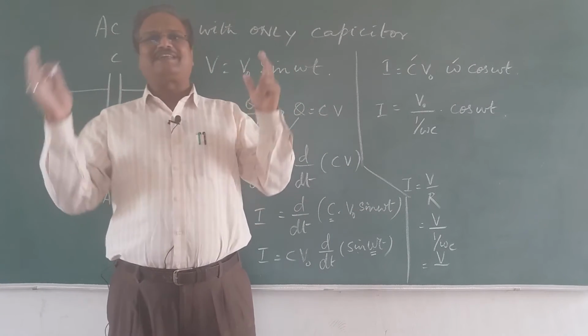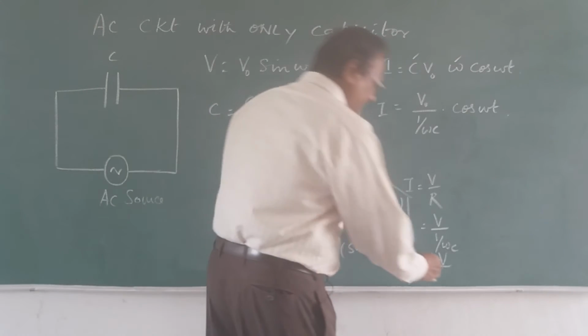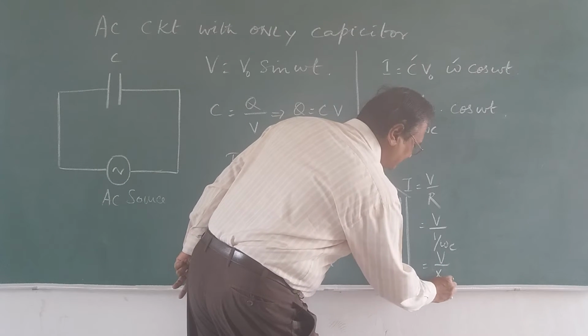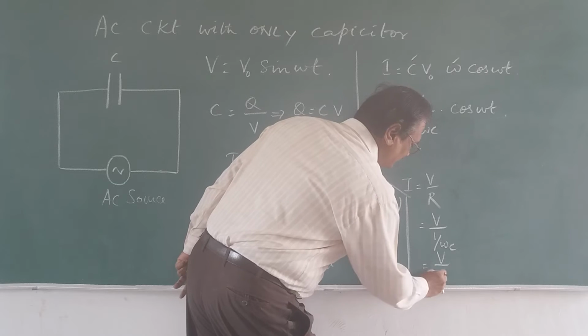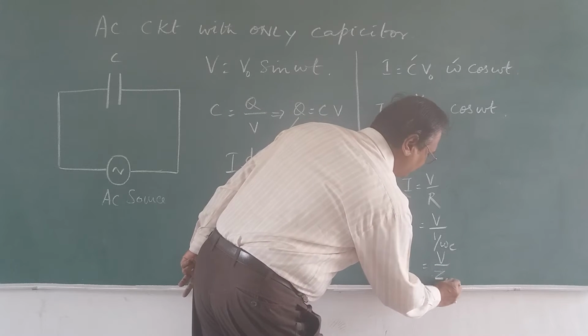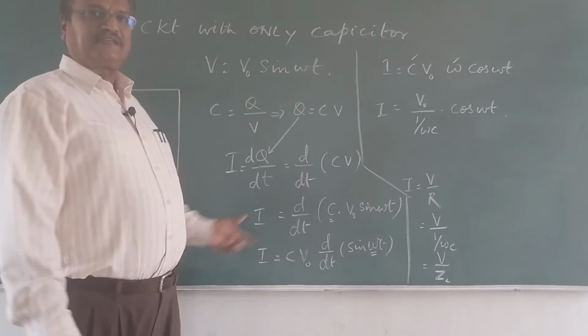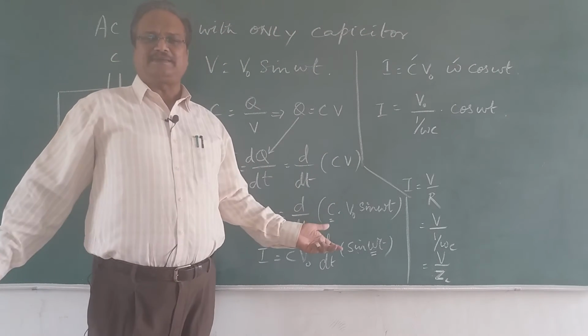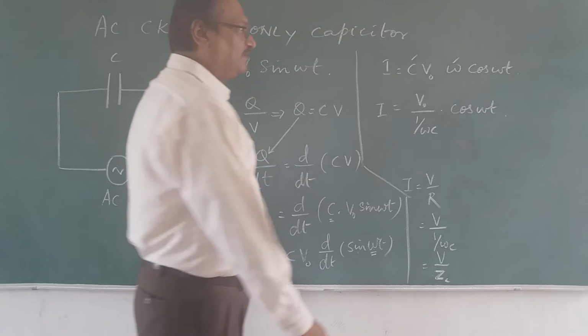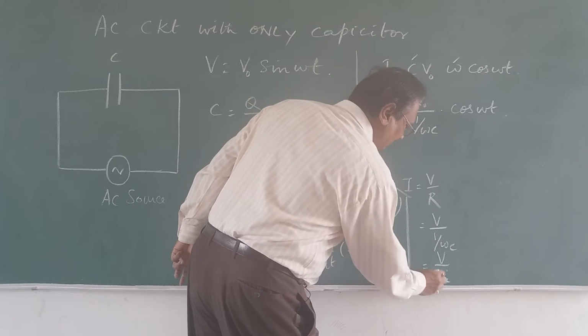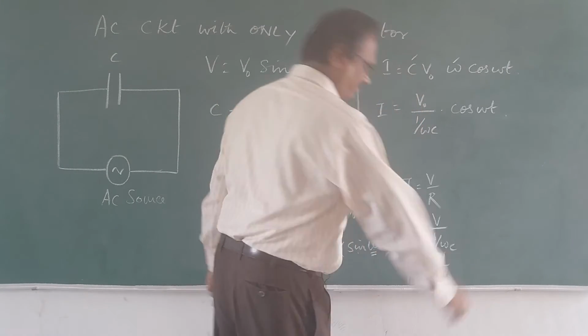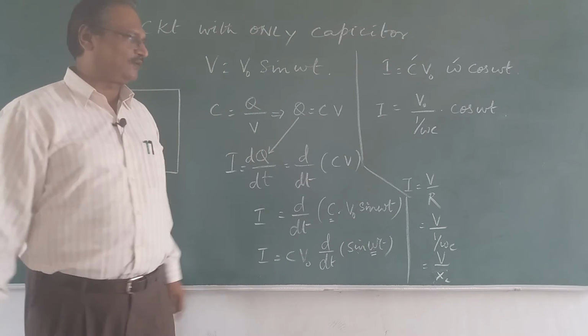Resistance is called reactance, and I will write it as ZC, or we can also say XC. We can use a different symbol for it. Let us keep it as XC now.